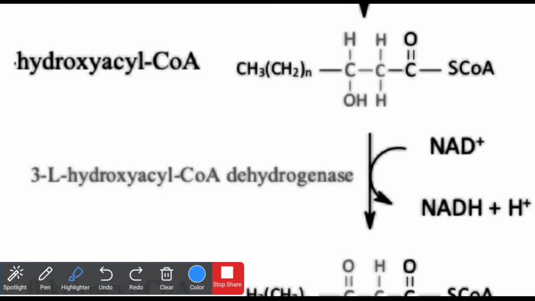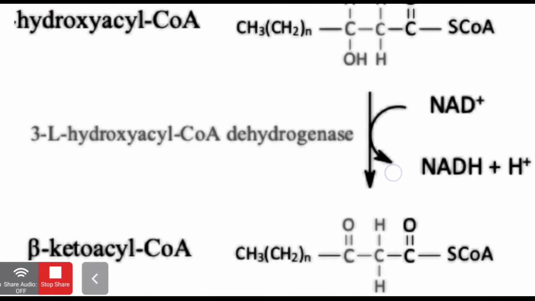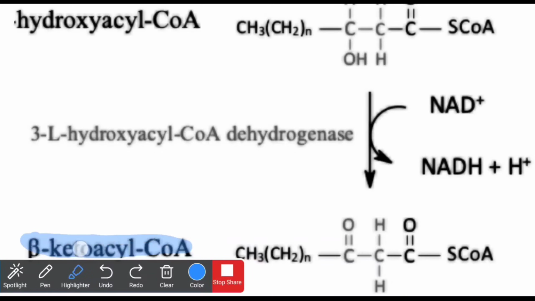In dehydrogenation 2, the hydroxyacyl coenzyme A is dehydrogenated to form ketoacyl coenzyme A, with the help of the enzyme hydroxyacyl coenzyme A dehydrogenase.